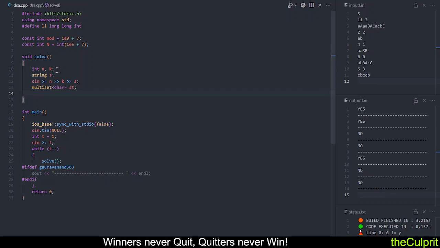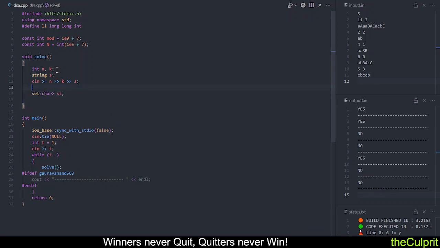Why would I store two A's? I would rather use an operation and increment my answer by one. I'll take a multiset, and I will also have an answer variable for the maximum number of pearls I can get.